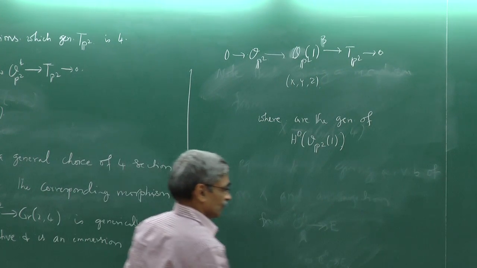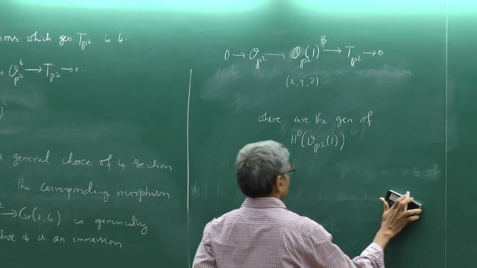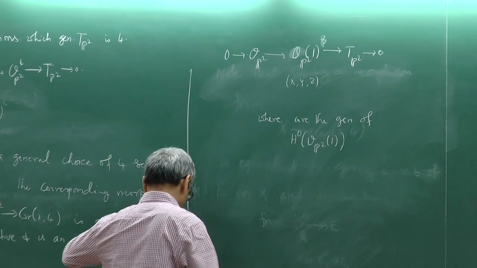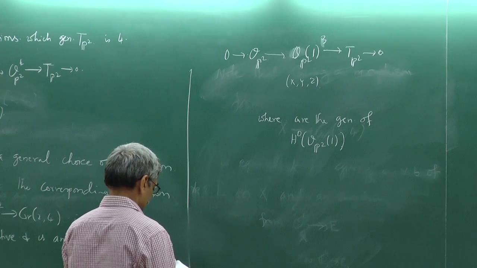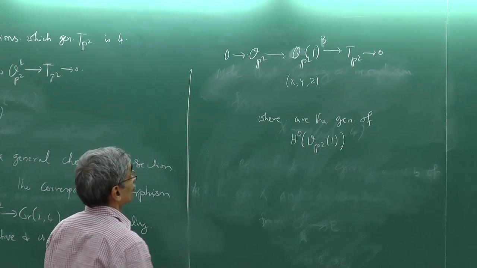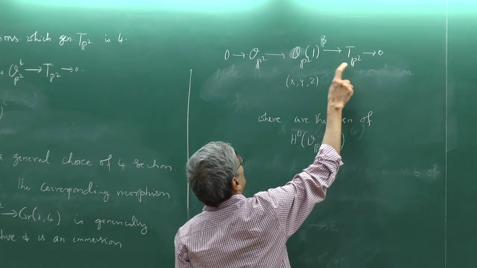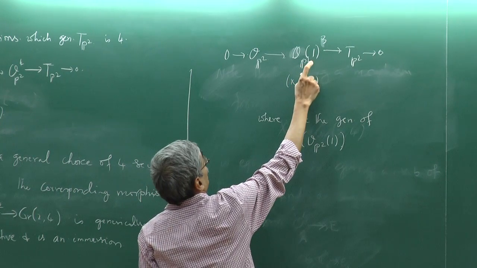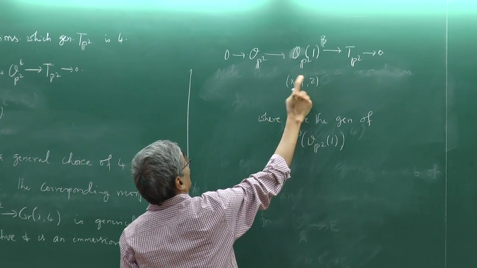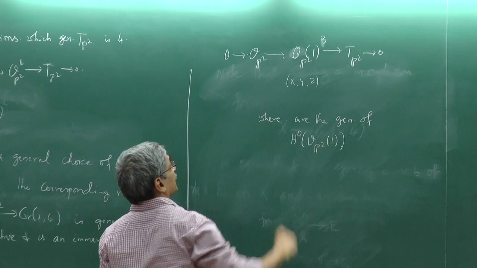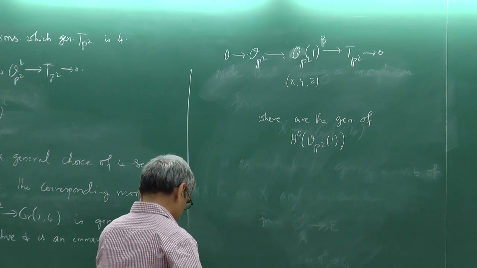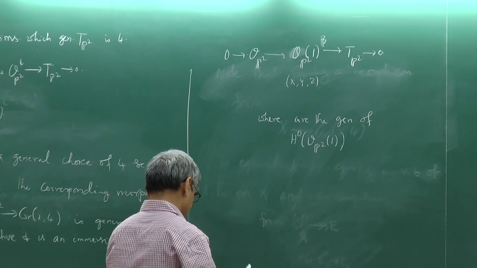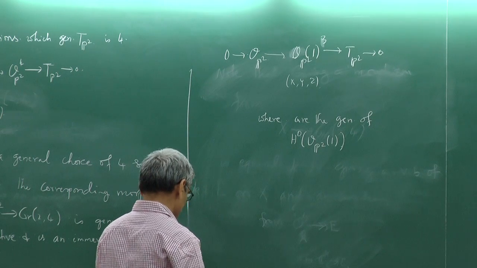Okay. So to give 4 sections which generate this, it's enough to give 4 sections here, along with this vector they generate that. So that's what we do, and just write down this simple choice.